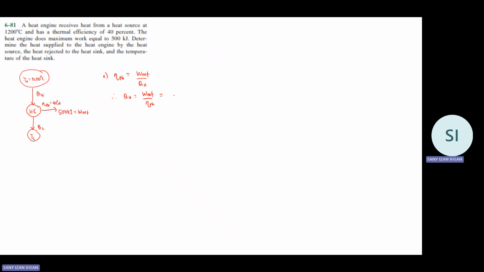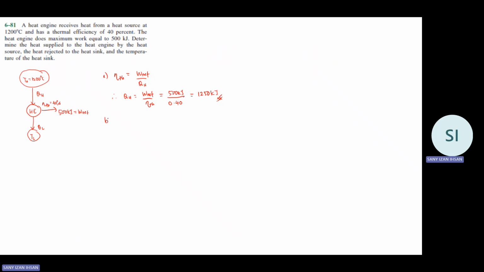Plugging in, you have 500 kilojoule divided by the efficiency of 0.40. Calculating this, you will get 1250 kilojoule. That will be the QH, the amount of heat supplied to the heat engine.